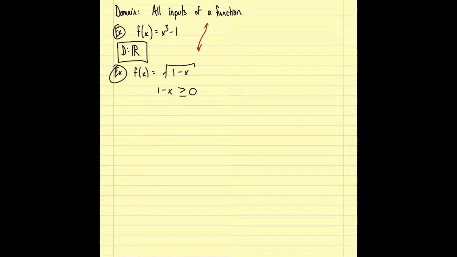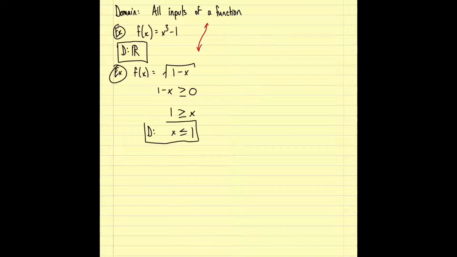We simply solve this inequality, and that's going to be your domain. So if we added x to both sides, we get that. And if we just reverse it, because I like to look at it when the variable's on the left, x is less than or equal to 1, that is our domain.